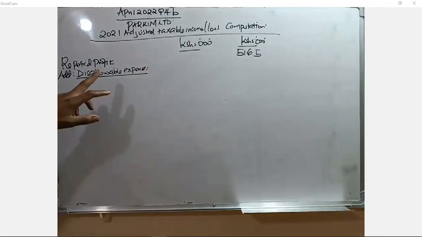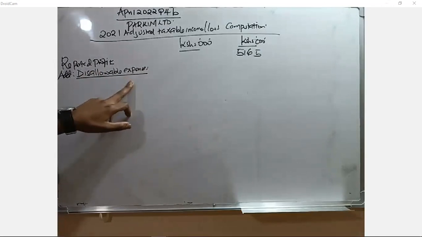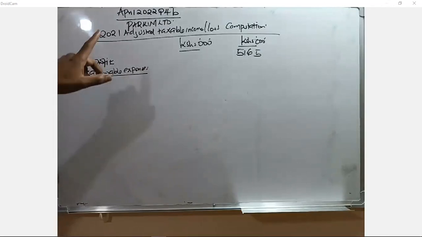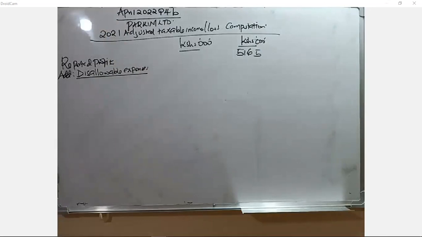So in this case, the disallowable expenses of ours, right? These are the expenses, as I reiterate again, which do not relate to the operations of the business. That is why they are normally called disallowable expenses. Let us identify them from the additional information.